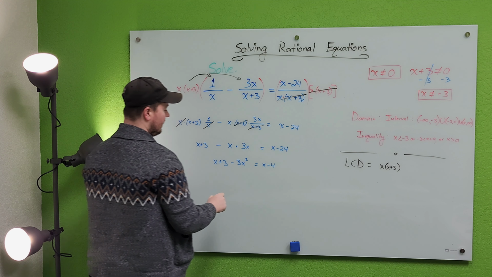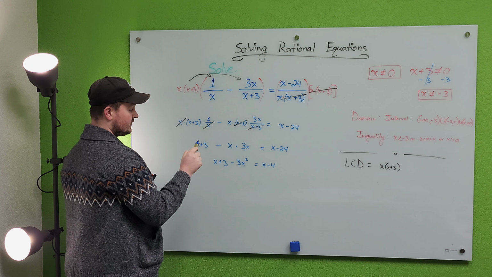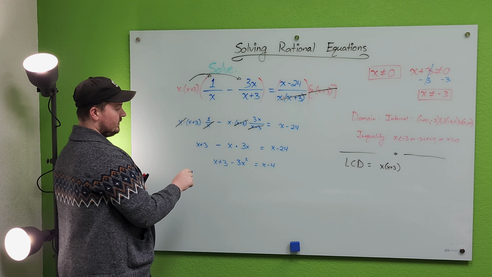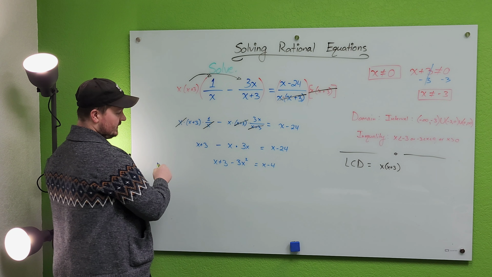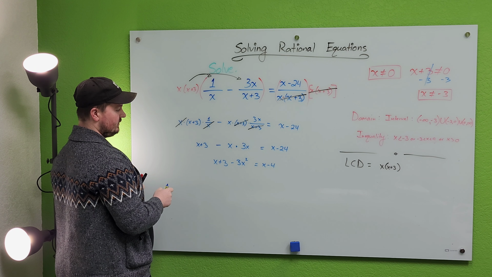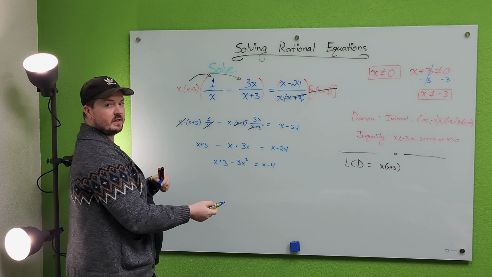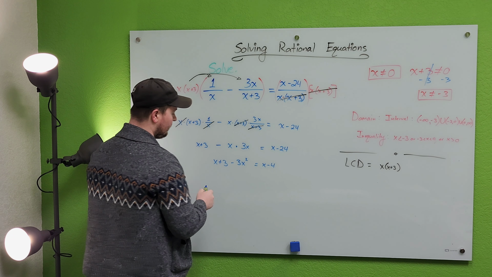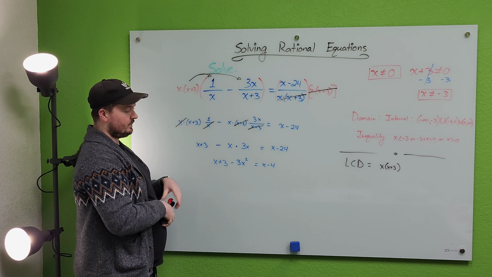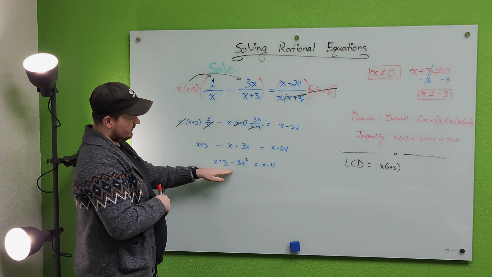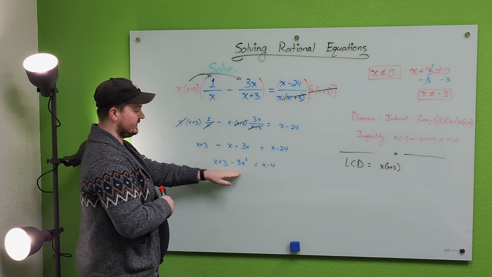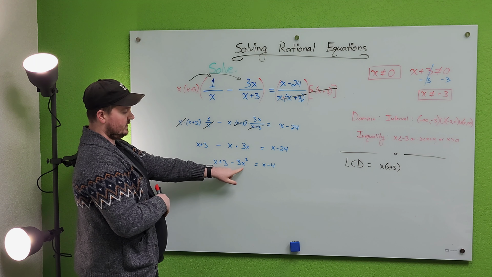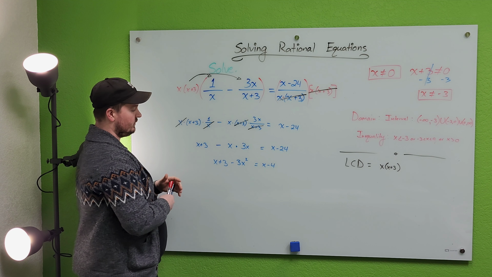Copy this down. And now what we can do is actually start solving this equation by first setting one side of the equation equal to 0, factoring the other side, and then finding out what values for x make this equation true. But to give you context, we notice that the highest power on x in this equation is 2.